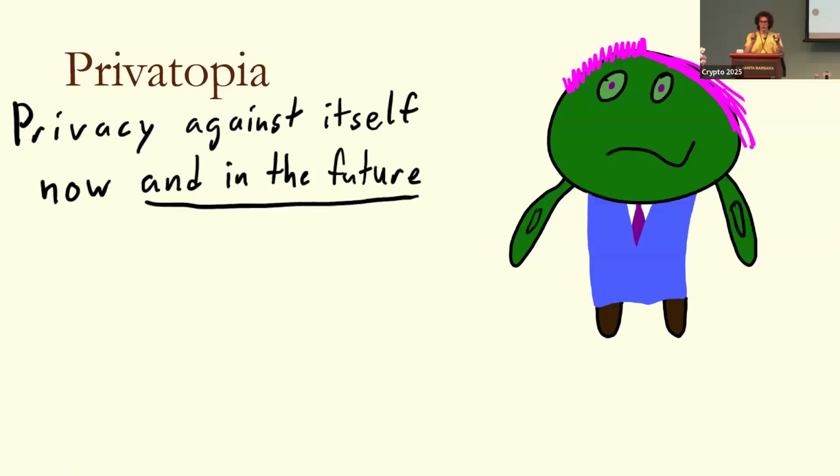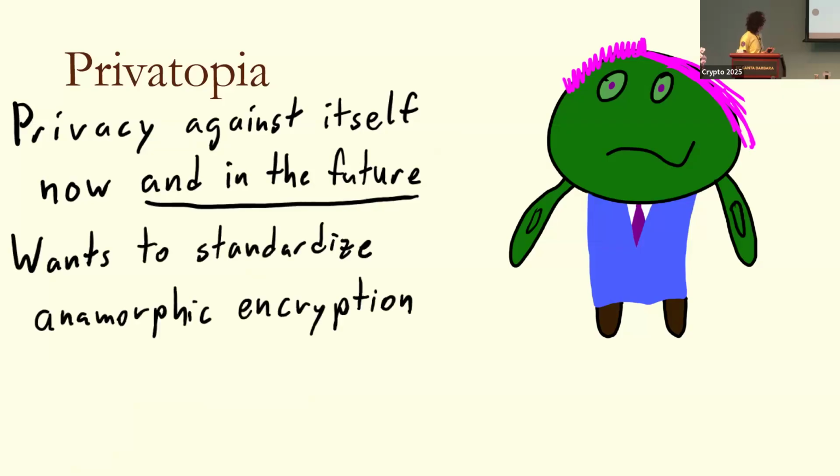And the final nation we will consider is Privatopia. Privatopia is a country run by cryptographers. And we want to develop cryptographic protocols that will be secure even if the cryptographers get overthrown and a normal government, or a common government, takes over. And so we would like to standardize anamorphic encryption.